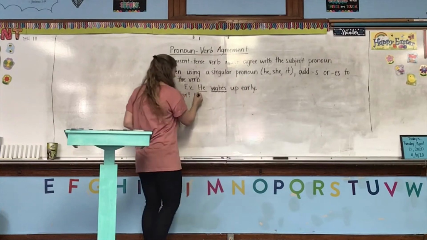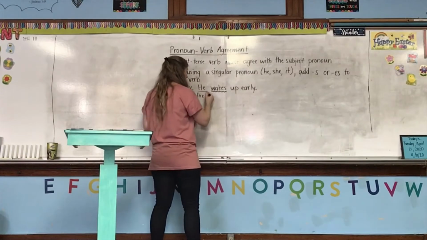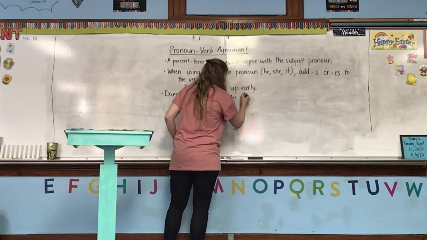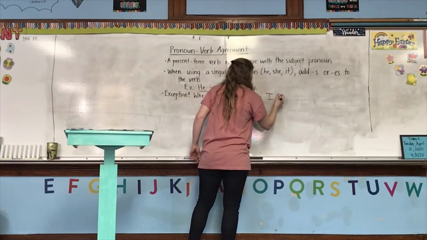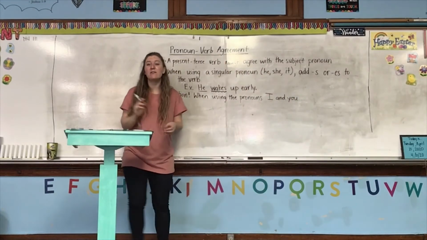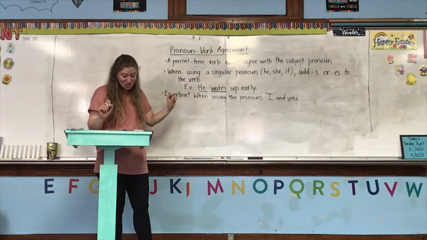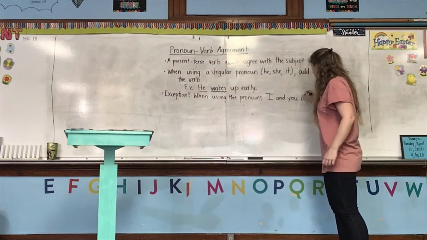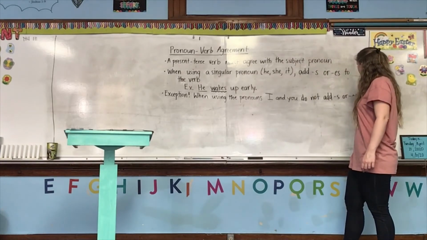When using the pronouns I and you, now, you can be singular or plural, but even if you're using it as a singular pronoun, when you use the pronouns I and you, do not add S or ES.